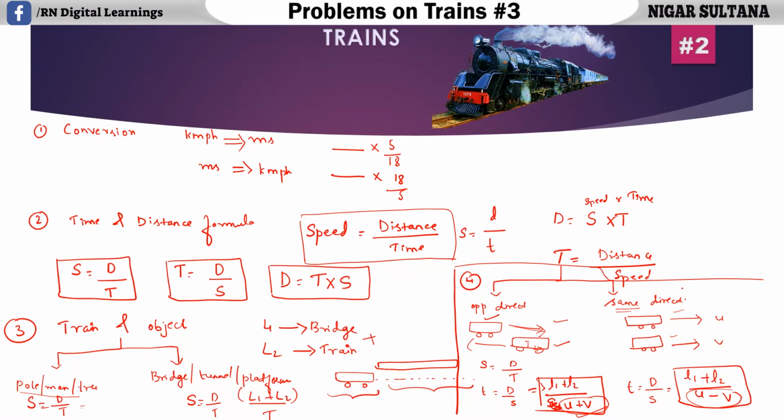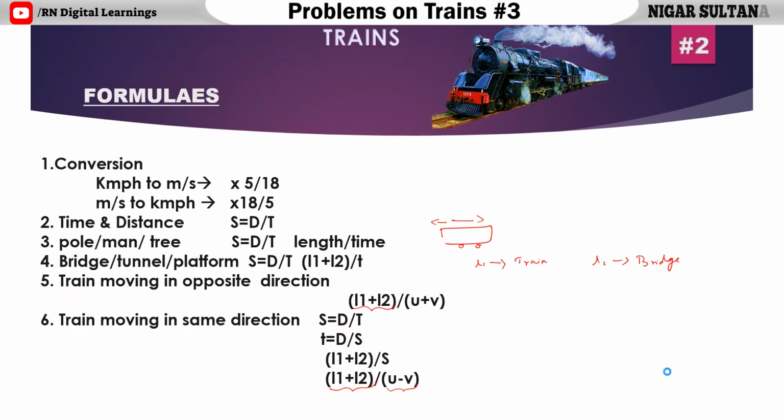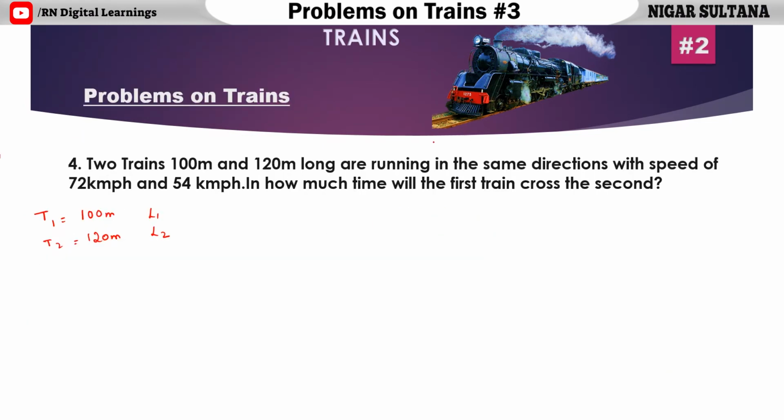Now we are talking about the same direction, means this formula we need to remember. In the same direction with the speed of, so what is the speed? S1 speed is 72 km per hour. S2 is equals to 54 km per hour.